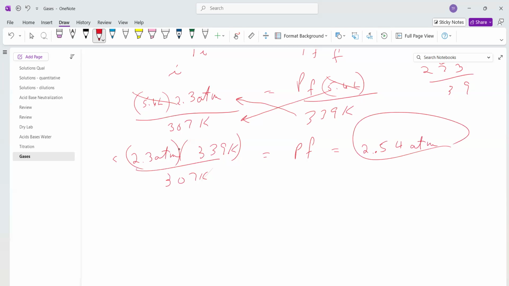Now, interestingly, it doesn't go up a lot. The reason is that we started with 33 degrees Celsius and went to 66. That's doubling, right? So would you expect the pressure to double? Why? It's actually Kelvin that we're looking at.